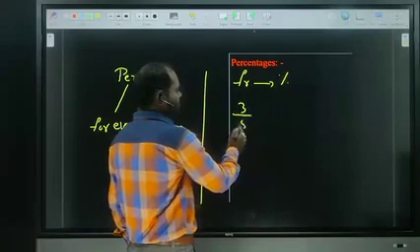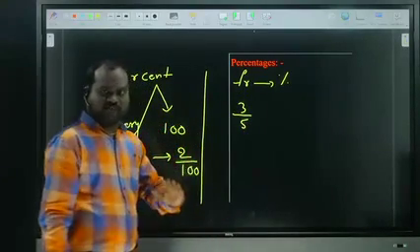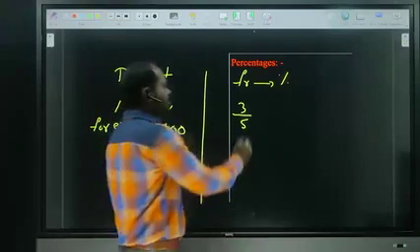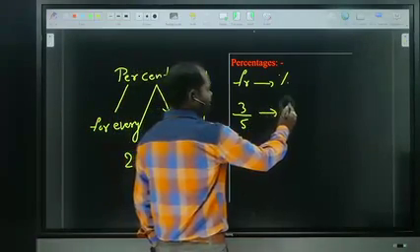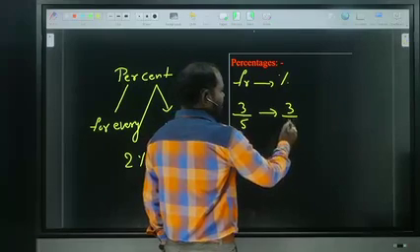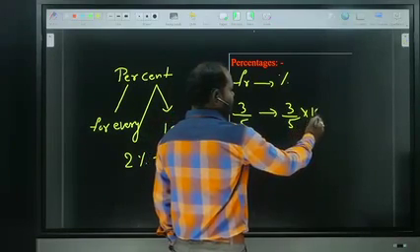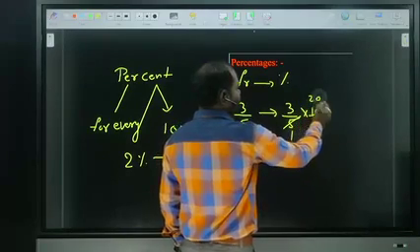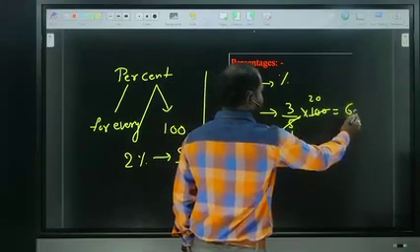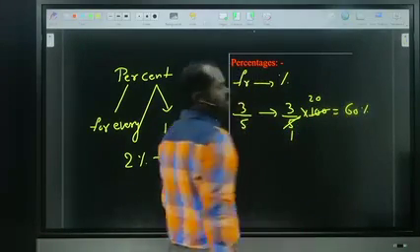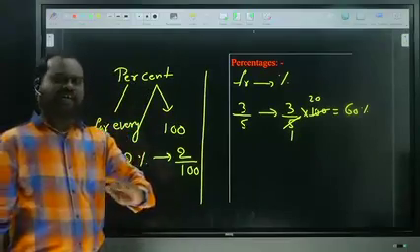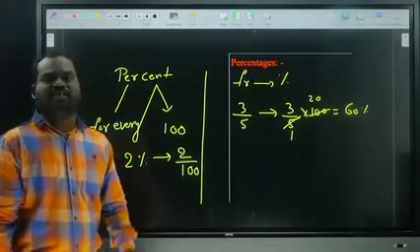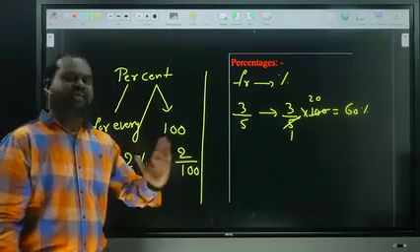If you want to convert it into percentage, we should multiply with 100. 3 by 5 into 100: 5 twenties are 100, 3 into 20 is 60 percentage. Whenever you want to convert a fraction to percentage, multiply with 100.